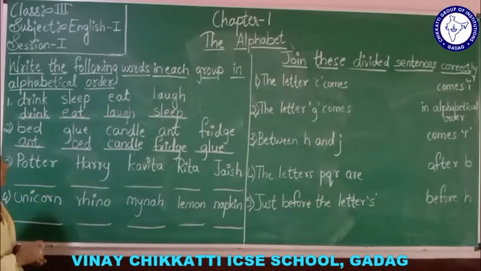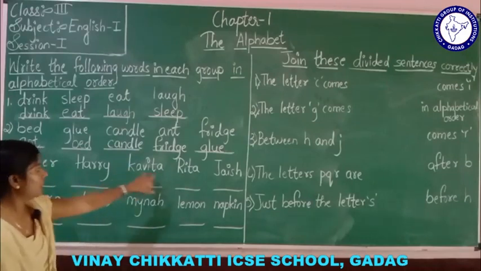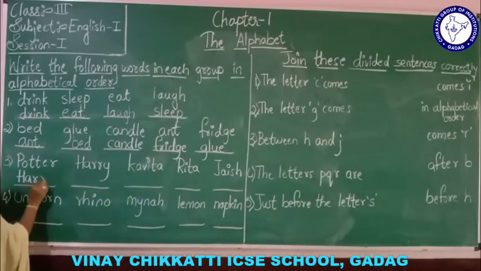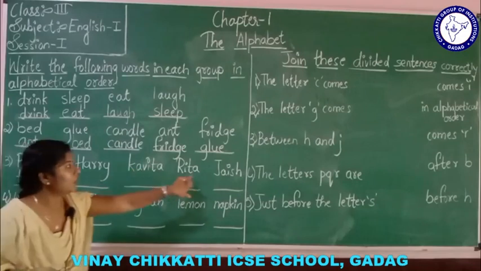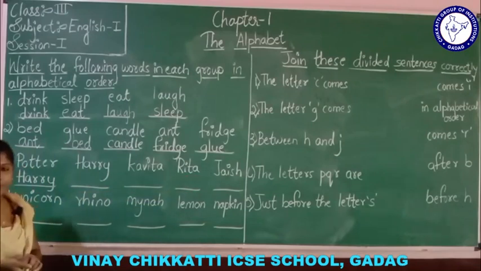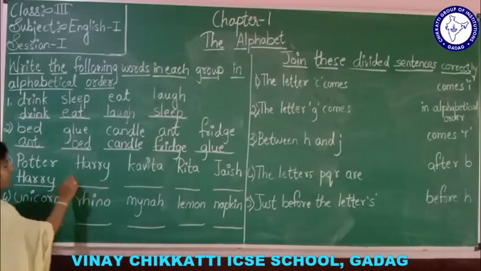Here, see, first A, B, C, D, E, F, G, H. H comes first. Next, see, P, K, R, J is there. Which comes next? Let us start. A, B, C, D, E, F, G, H, I, J. J comes here.